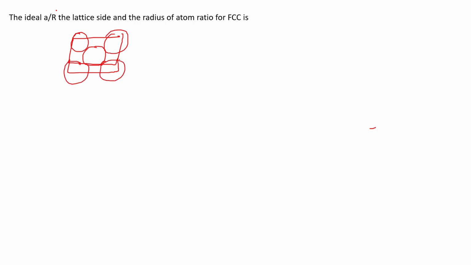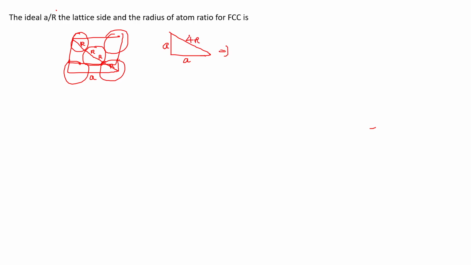So if you draw a line like this, the radius is R, here also R, here also R, and this distance is A. If you draw a triangle, it will be A, A, 4R.